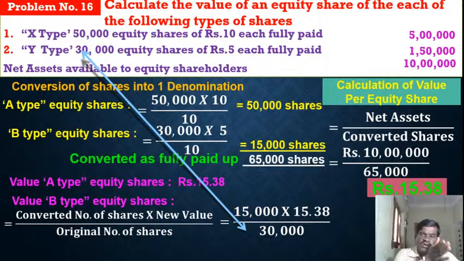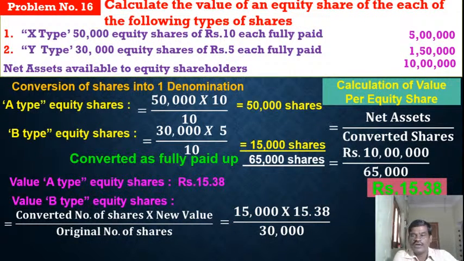Before converting, the original number of shares was 30,000 equity shares. That's why 15,000 equity shares into 15 rupees 38 paisa divided by 30,000 equity shares.